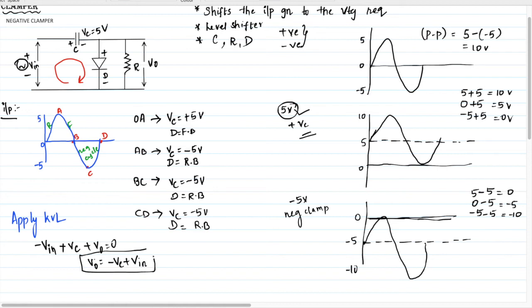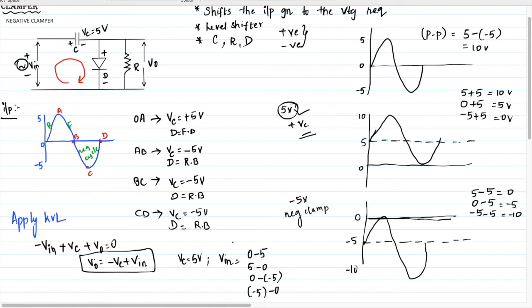This is the output. So we know the capacitor voltage VC is 5 volt, and V in is the input values. The input value is varying from 0 to 5, then again it is getting reduced 5 to 0, then again 0 to minus 5, then minus 5 to 0.